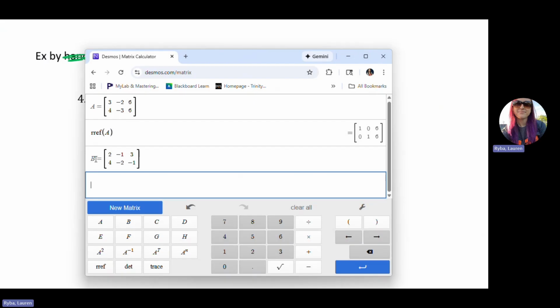You will do A, then it'll do B, all the way through H. So if you keep using this calculator past 8 matrices, you're going to have to hit clear all, and then it clears everything and restarts with 8 matrices to work with. So you always need to look at what letter is in front, because I want to reduce row echelon form, now matrix B.